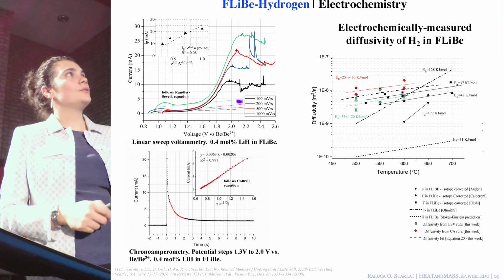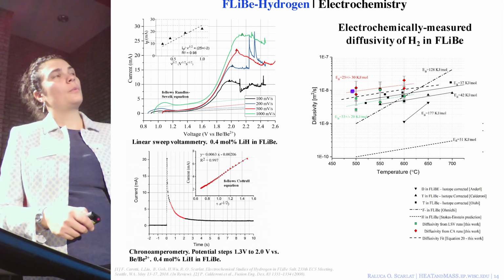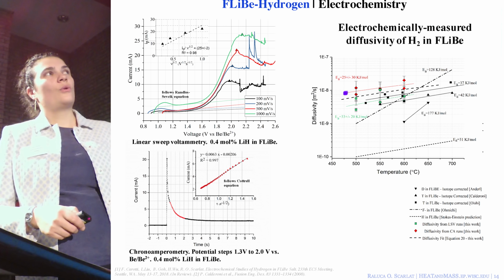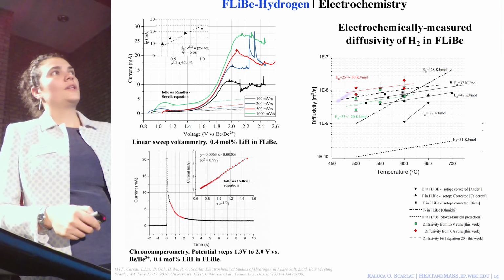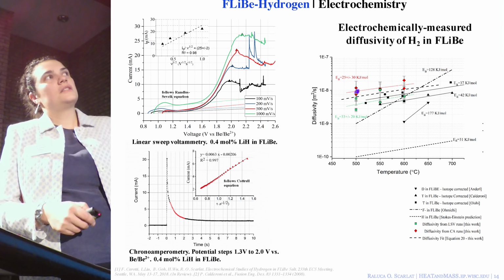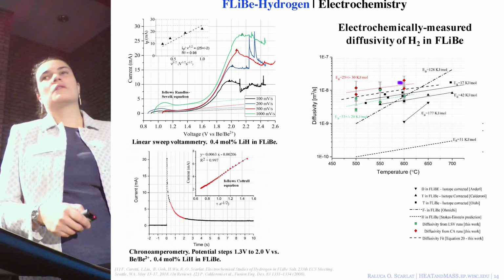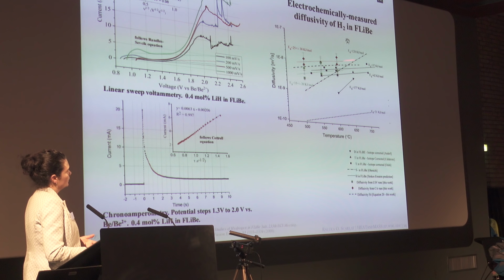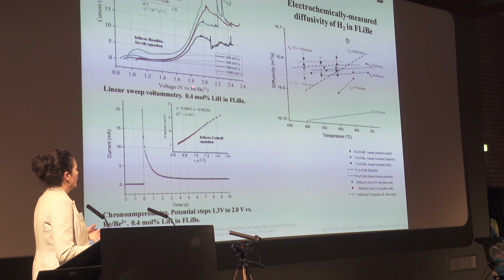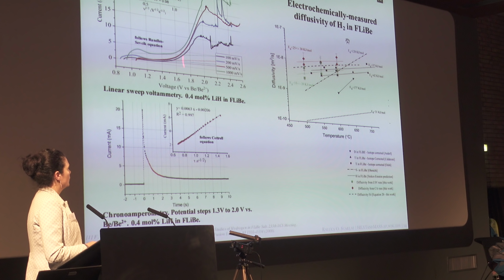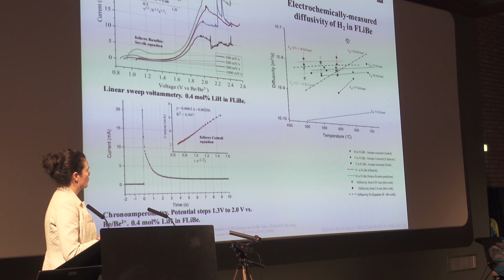And so every one of these points has a total of about 30 measurements in it. So then we can have statistics and evaluate the error bars. This was quite exciting that we were able to match previous data and then quantify error bars. And there's a lot more development that can be done here to narrow those error bars.